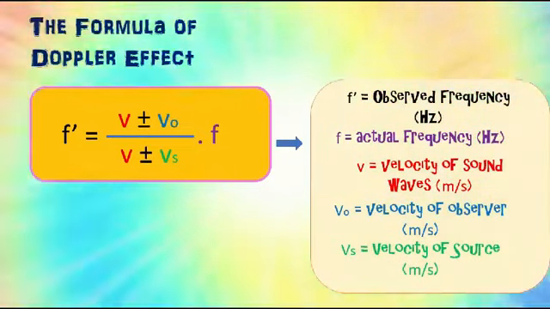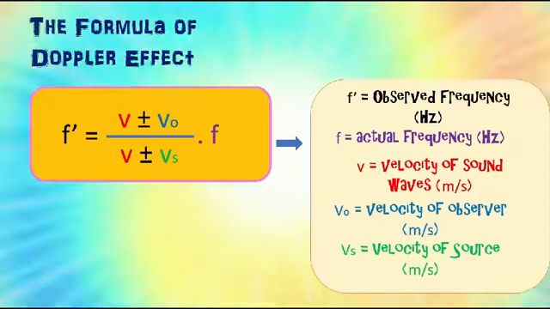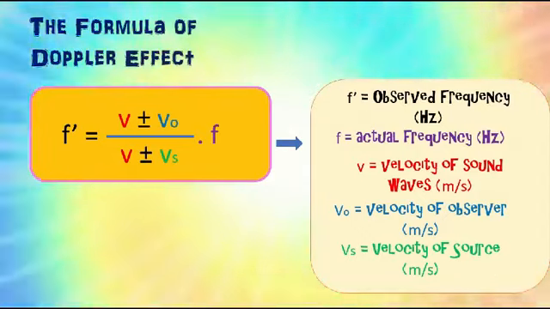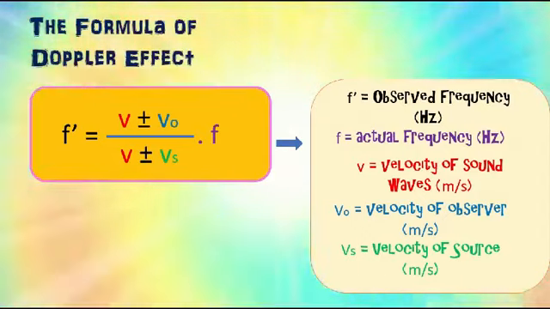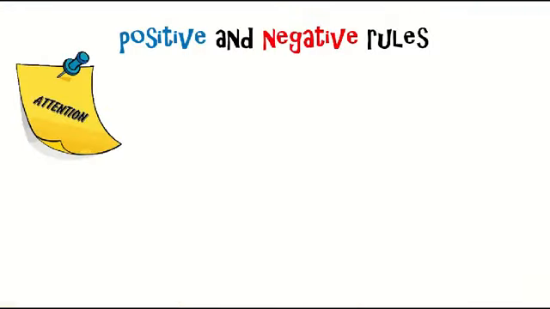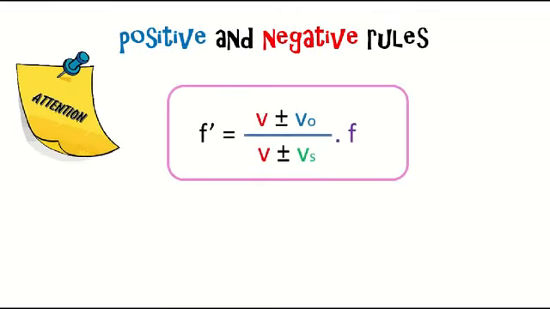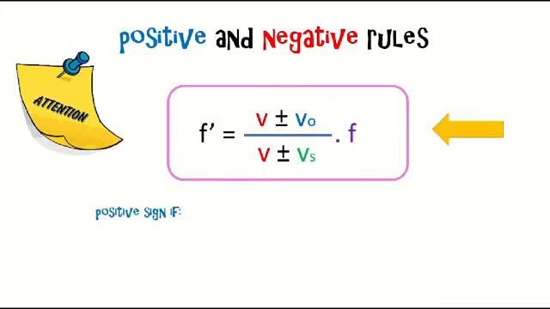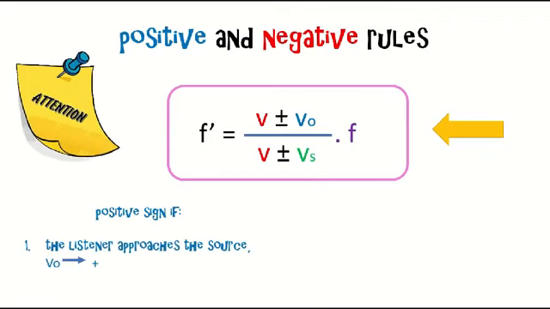Because the formula of Doppler effect has plus and minus, you must know when you can use the positive and negative. These are the positive and negative rules. Use the positive sign if, first, the listener approaches the source, it means vo is positive.